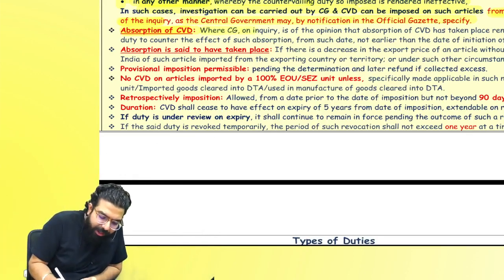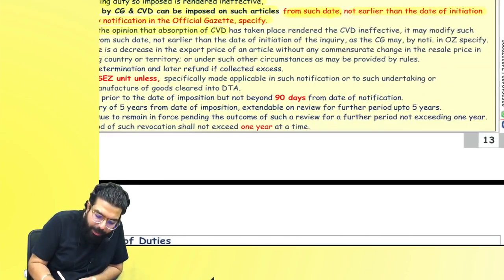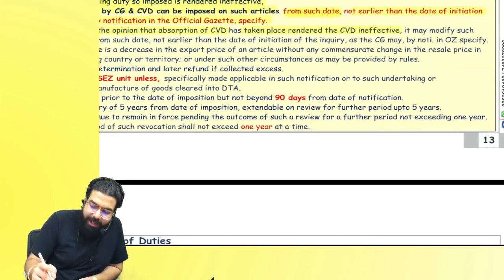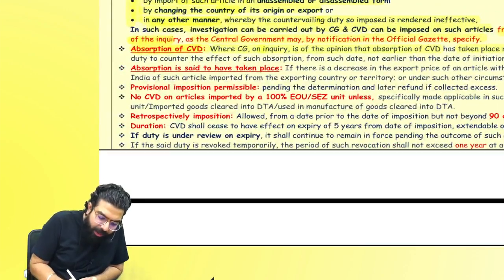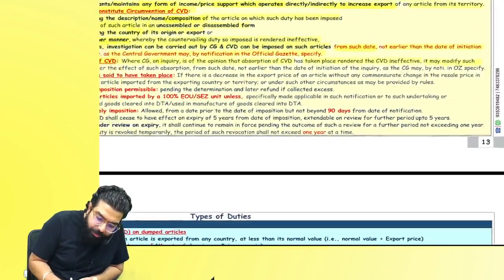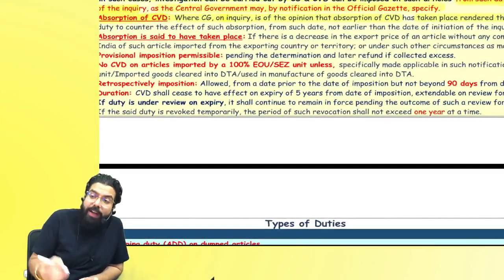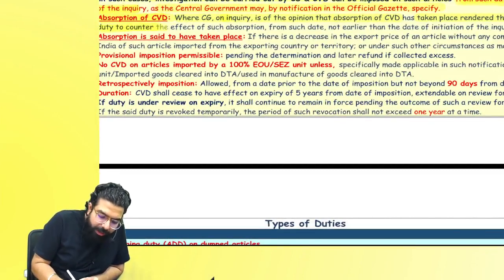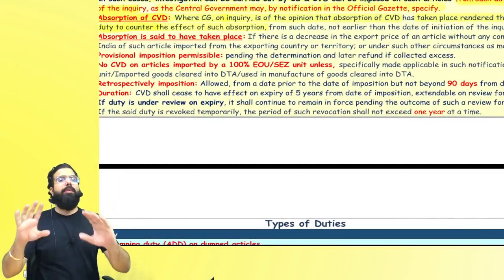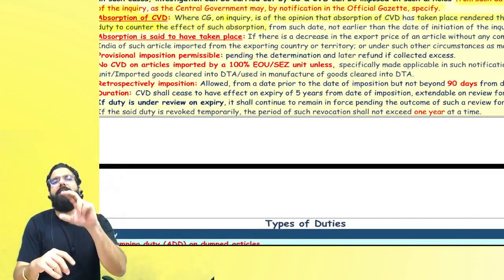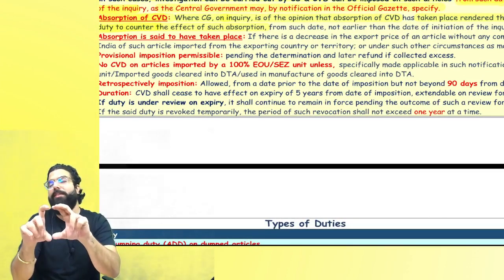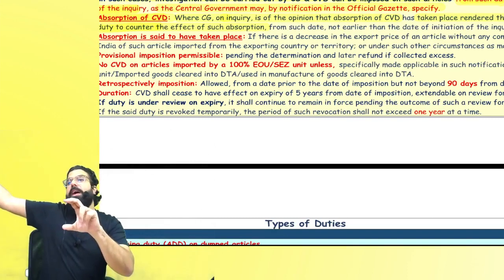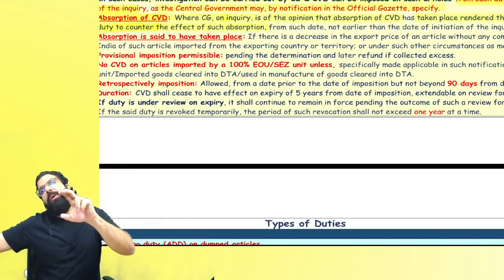When the central government, on inquiry, is of the opinion that absorption has taken place, then, as the CVD has become ineffective, it may by notification modify such CVD to counter the effect of such absorption. Everyone, over here in India we charged CVD on subsidized article as 10 rupees. The exporter from the other country reduced the price by a further 10 rupees.